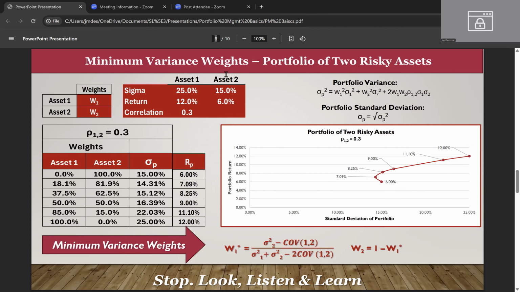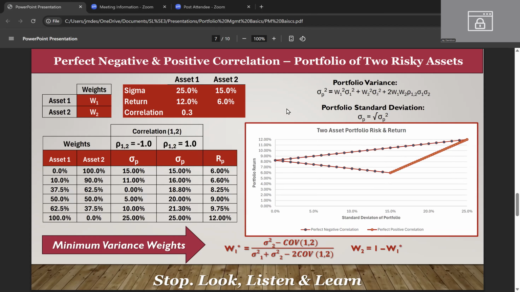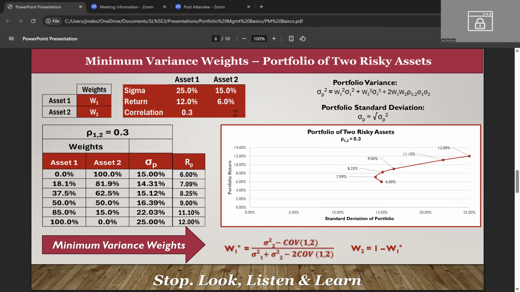Now let's look at two special cases. The first one is where the returns are perfectly negatively correlated, and the second one is where the returns are perfectly positively correlated. And just going back to the prior slide, whenever the correlation is between -1 and +1, you're going to get a curved line.